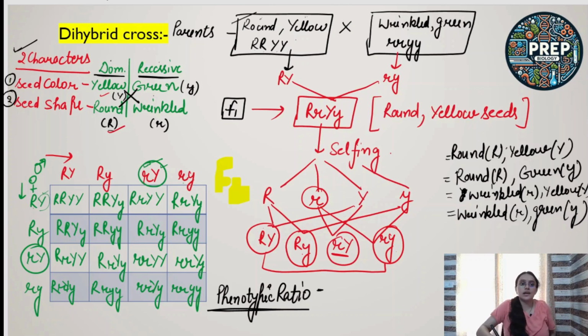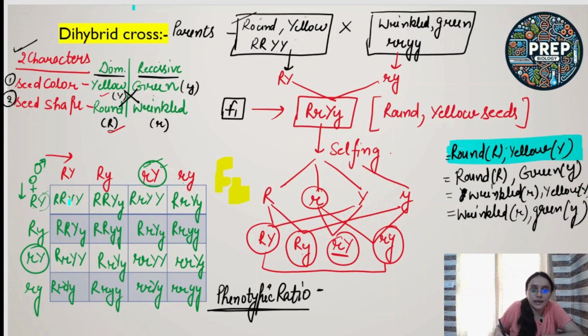Okay, now first count the round and yellow. First we found the round and yellow, capital R and capital Y. Here capital R, capital Y 1. Here capital R, capital Y 2. Capital R, capital Y, yes, 3.